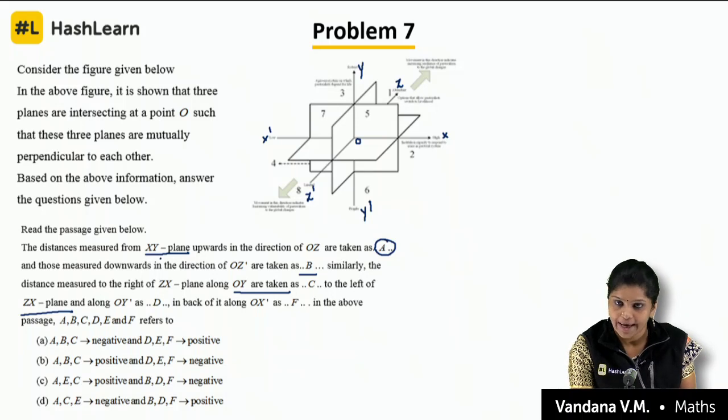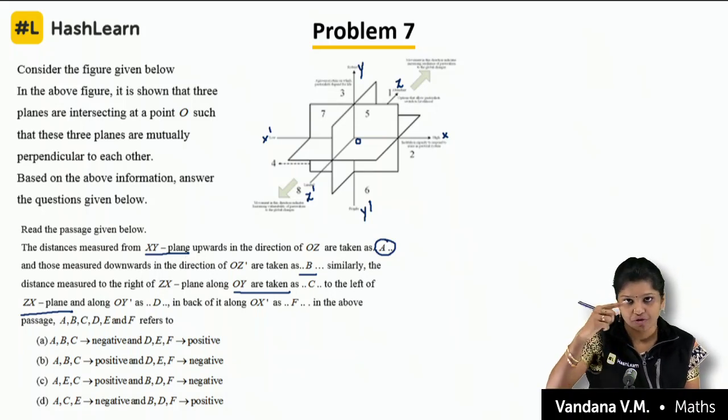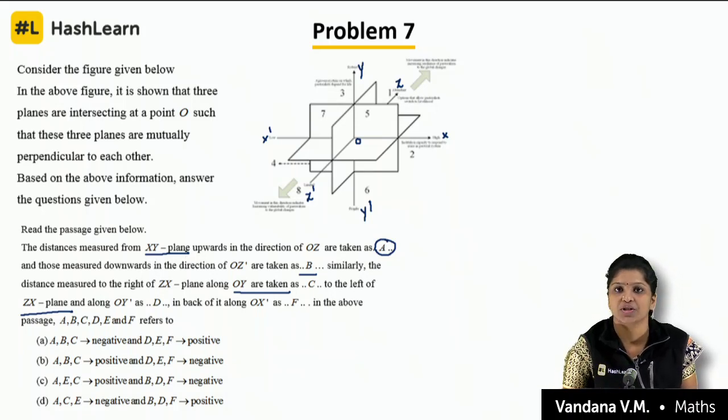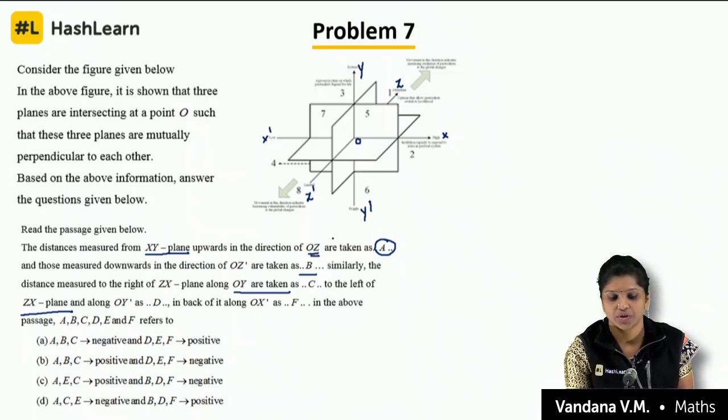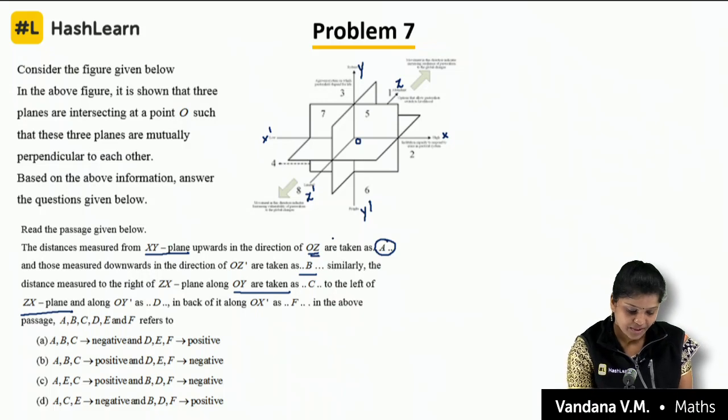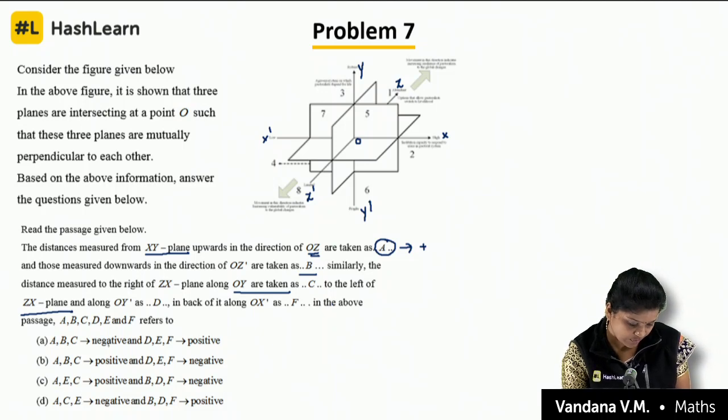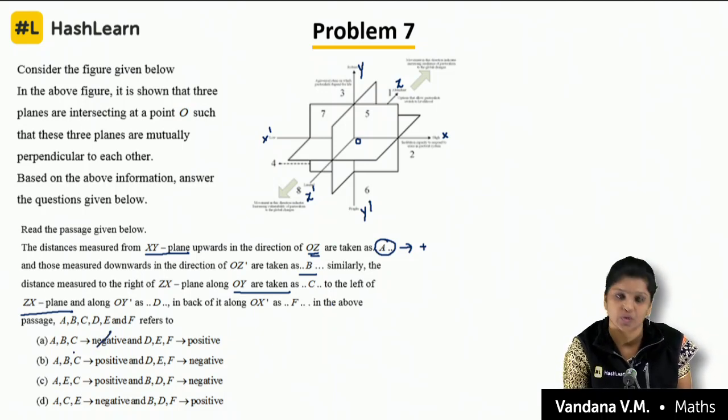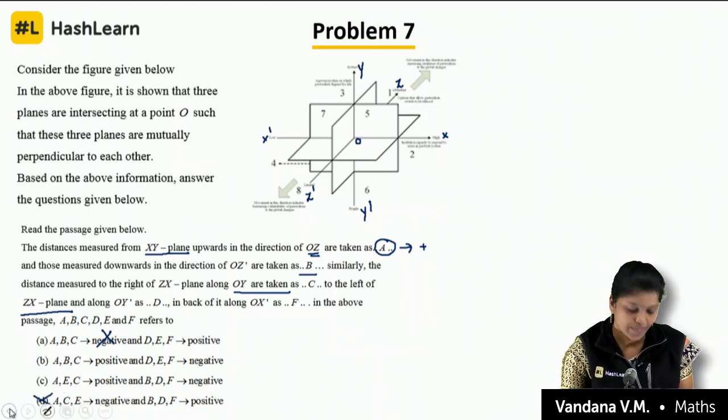If you are taking XY plane upwards, is it positive or negative? Obviously, Z axis, it is positive. So A is positive. Clear? Where I am having A negative, this option is wrong. Here also A is positive, so option D is also wrong. Maybe option B or C is correct.